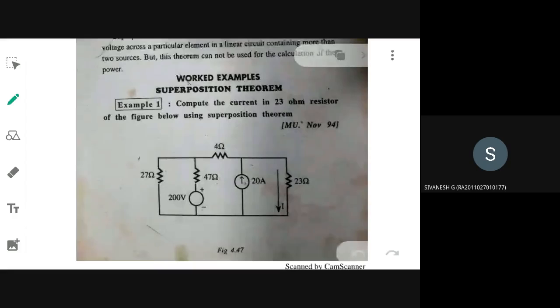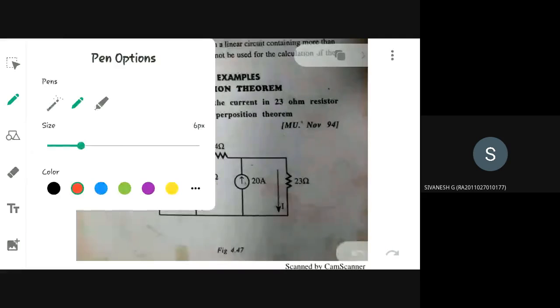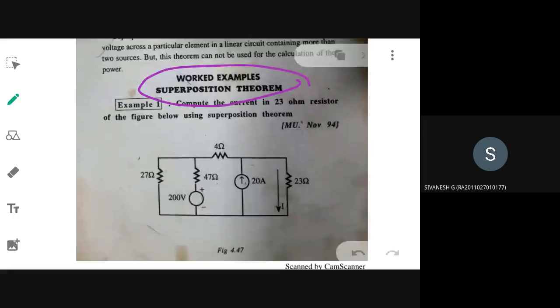In a linear circuit composed of many sources, the general way to find the current and voltage is to consider each and every source separately. Individually you consider the source, find out the current or voltage, then you finally sum everything together. That is why it is called what theorem? What is the name of the theorem?